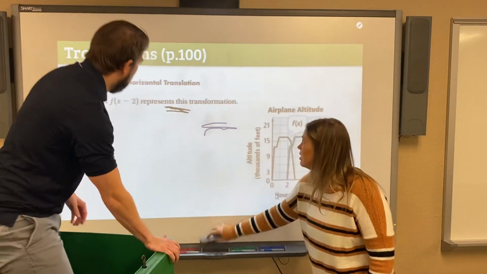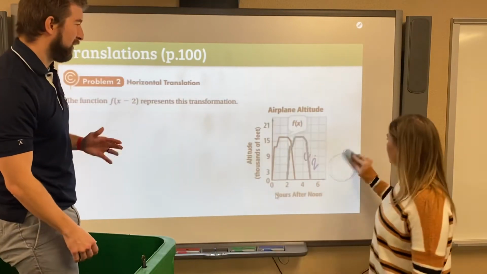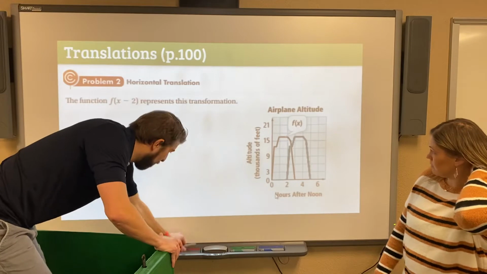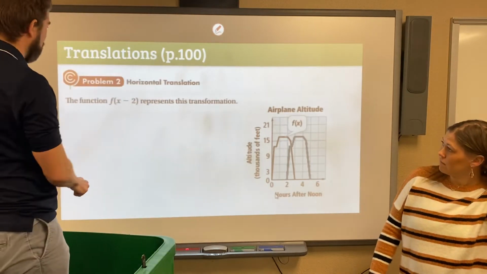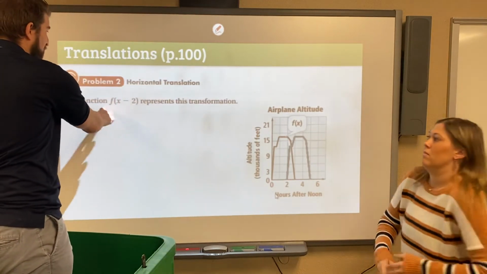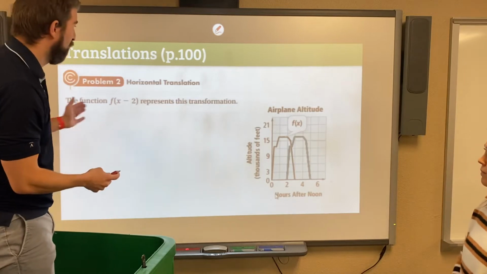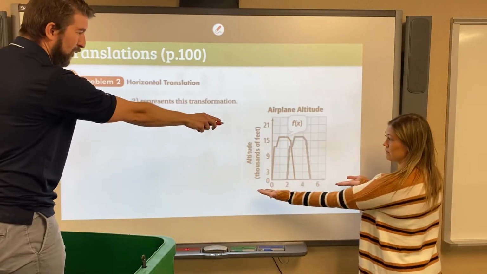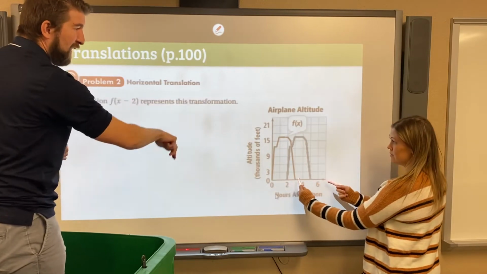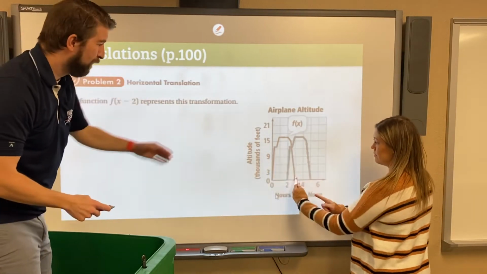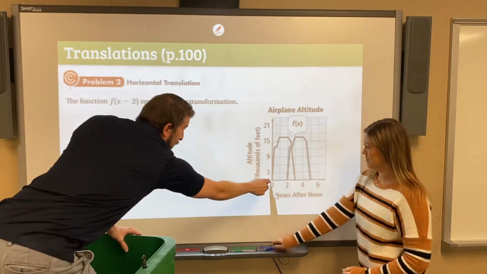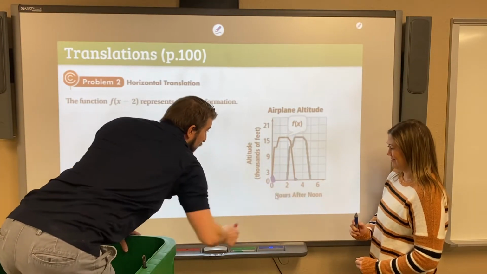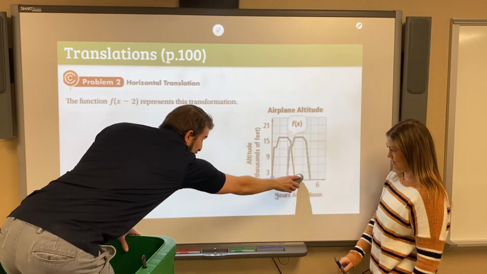Okay, so let's look at some horizontal stuff. Once again, our rule, and I beat myself to the punch on my last turn: this function f of x minus 2 represents this transformation, and you see it in blue over there. So f of x is the black one. What I like to do is just pick one point.